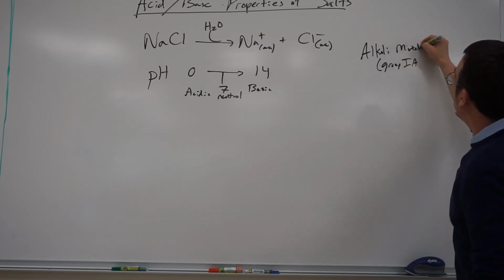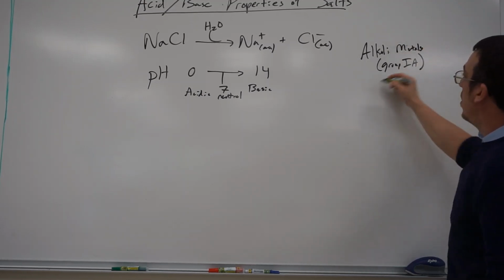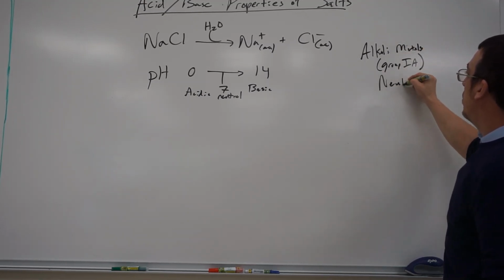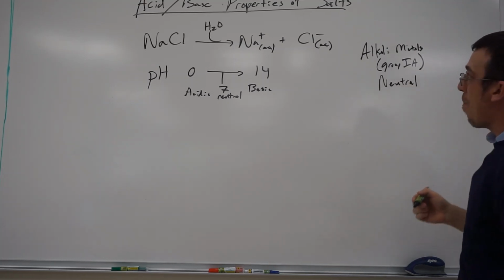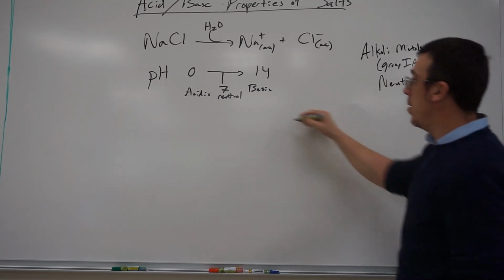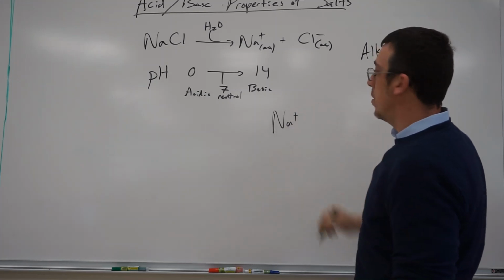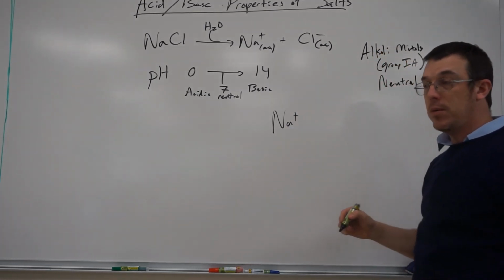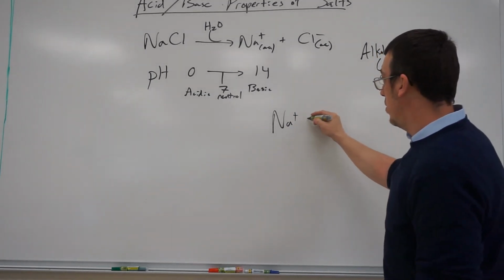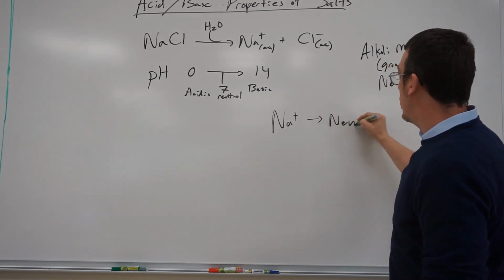Any metals that are found in group 1A are going to be considered to be neutral. So sodium plus 1 is neutral because it's an alkali metal.